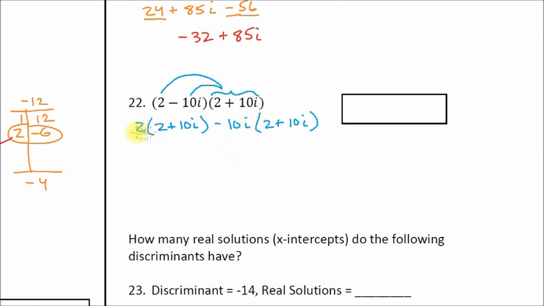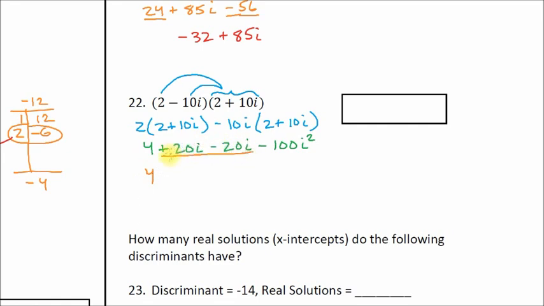All right, monomial times binomial. 2 times 2 is 4. 2 times 10 is 20i. Negative 10 times 2 is negative 20i, and negative 10 times positive 10 is negative 100 i squared, because each of those terms has an i. Middle term is always common, so you've got 4, and then we've got positive 20i and negative 20i.